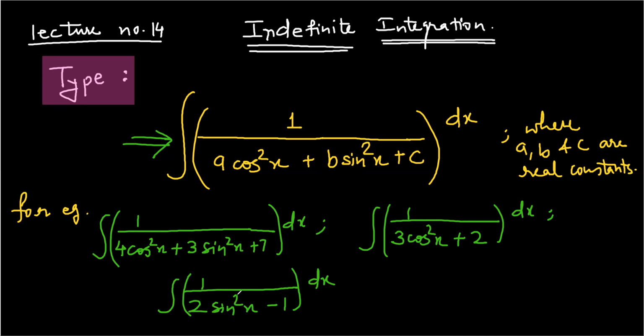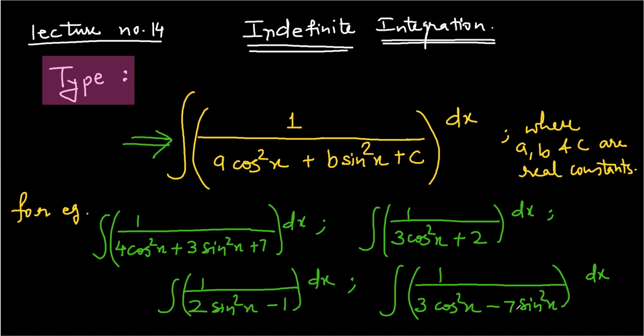So you can say that a was 0, and 0 into cos square x gives no cos square x. Then you can have 1 upon 3 cos square x minus 7 sin square x, and you notice that there is no constant term. So you can say that c is 0.